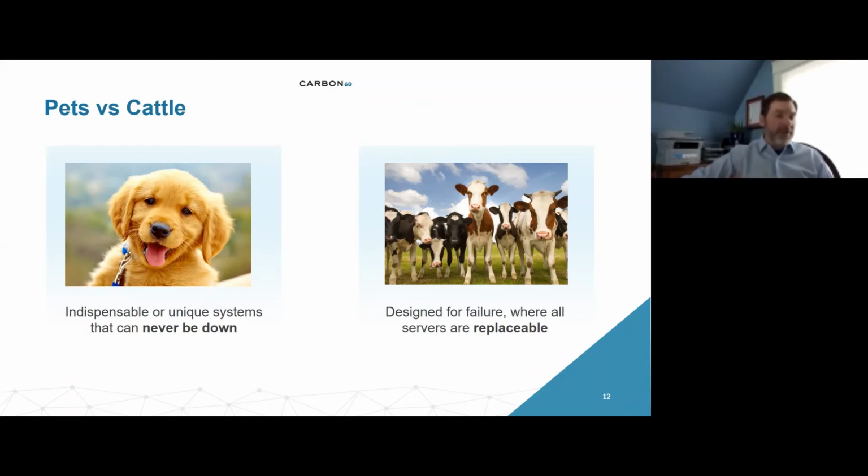On the opposite side is the cattle side, which is basically systems that are designed for failure. They are replaceable. So on the left is Fido, and on the right is Cal 1 through 10, right? These are the modern applications, how they're built today. And on the left-hand side are often legacy systems.